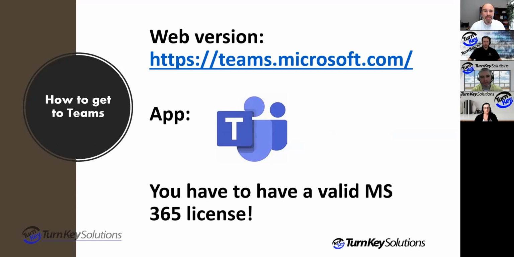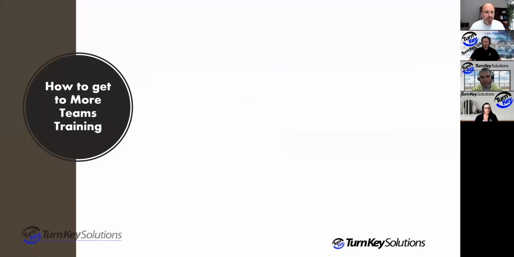That's kind of the two places that you can get the real legitimate version of it. Or if you need help and you're an existing customer, just put in a service ticket, and we're on it. But you do have to have some version of Office 365 or Microsoft 365. Almost all of those versions have Teams licensed up and ready to go with you.